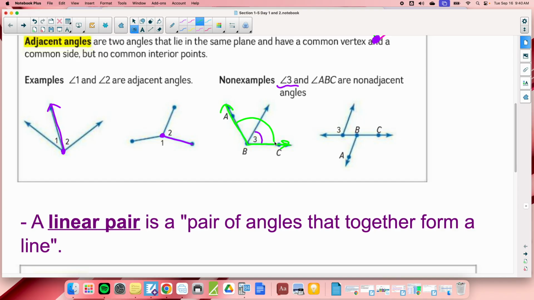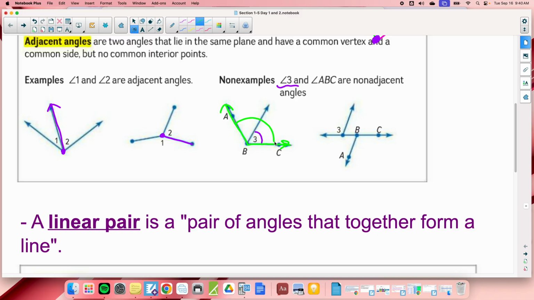The purple angle is actually a part of the green angle, so that's why they're not adjacent. They do not share a side. They share a vertex, but they don't share, or they share a side actually too, but they're not next to each other, okay? Angle 3 is a part of that one.